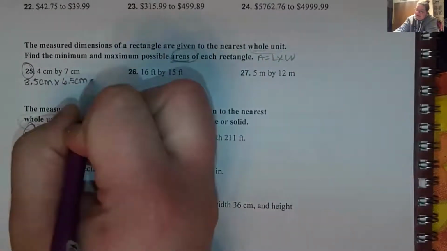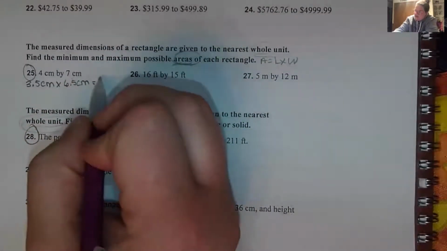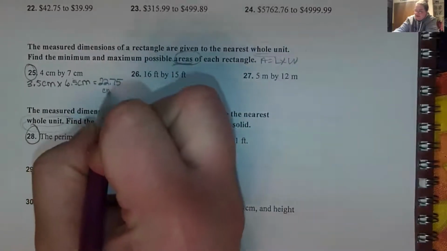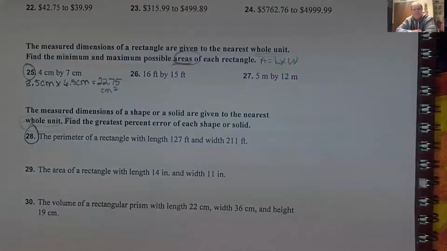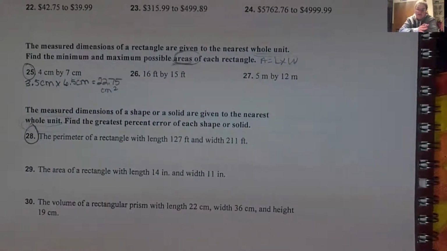So I need to find out what that area is. I just need to take 3.5 times 6.5, press enter. I got 22.75, and then remember it's an area, so that's centimeters squared. Okay, so that's the minimum. Now we're going to do the maximum.